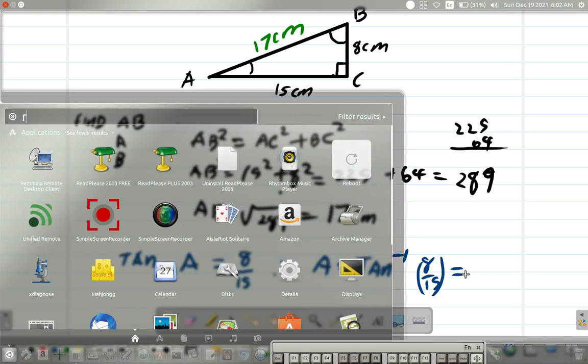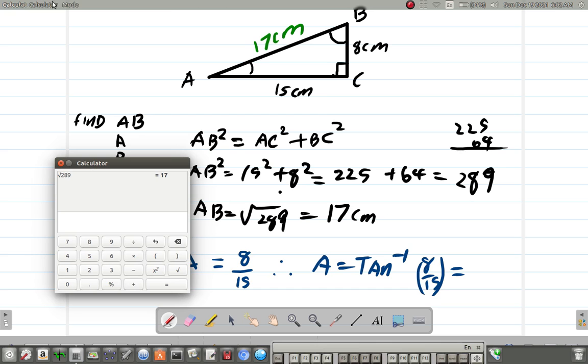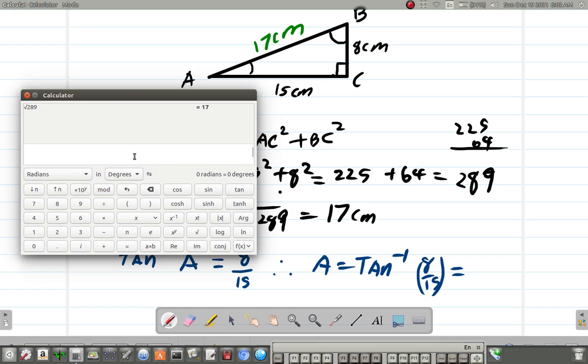which is what? Let's see. We'll have to put our calculator in advanced mode. So here, with this calculator, I have to say tan inverse, then open bracket, 8 divided by 15 close brackets equals 28.072.